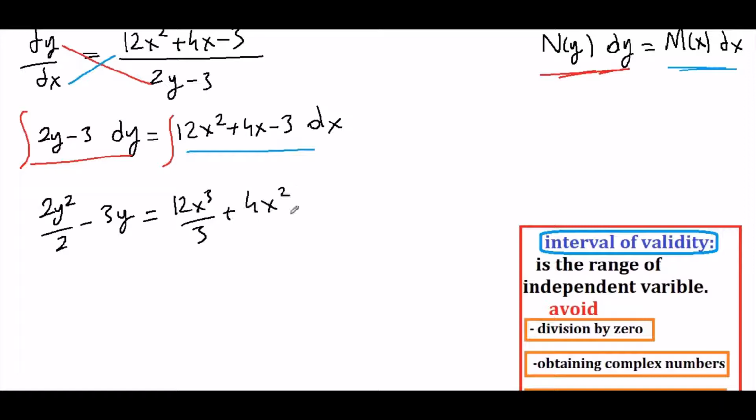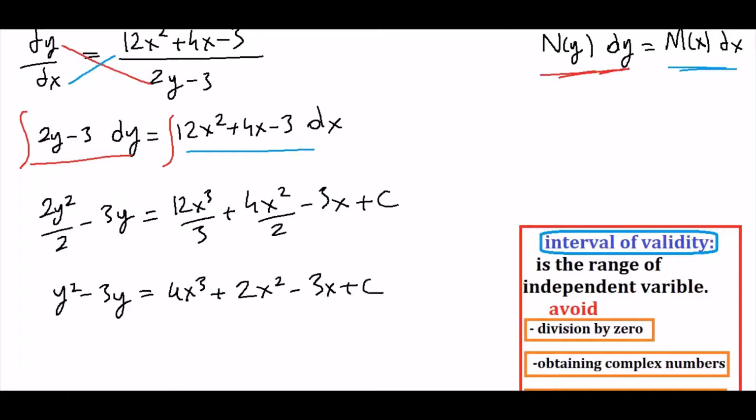Plus 4x squared divided by 2 minus 3x plus c. We put c on the x side. So if we clean up, this is going to be our implicit solution. So y squared minus 3y equals 4x to the third plus 2x squared minus 3x plus c. This is our implicit solution.